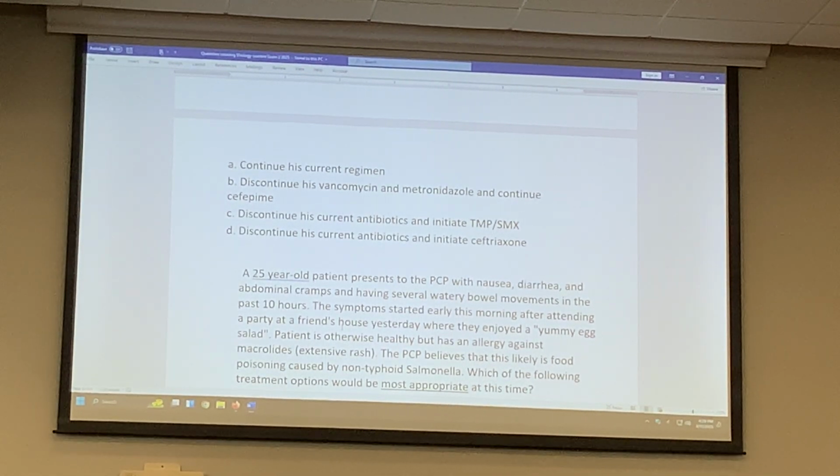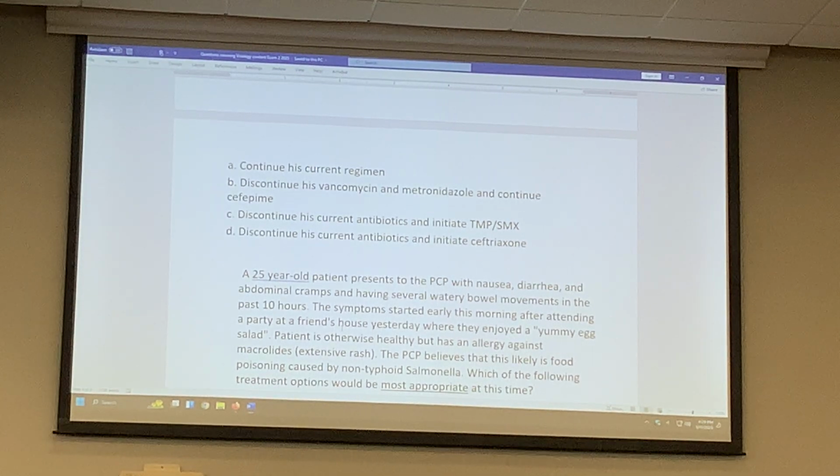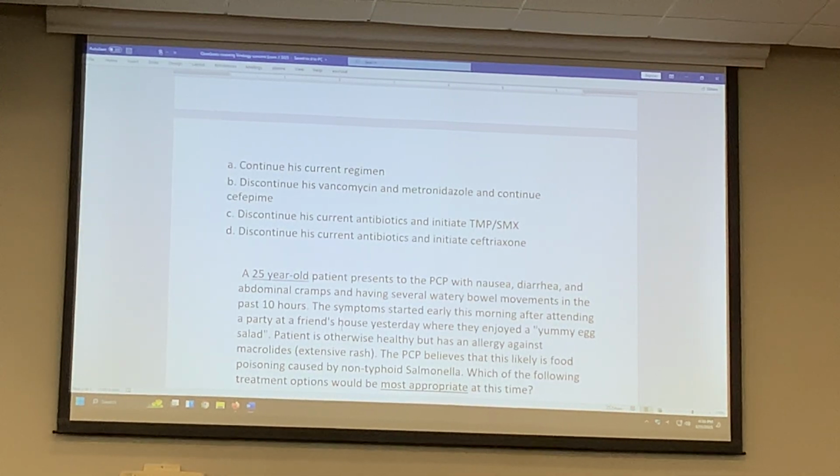But there are two major types of food poisoning. It's watery or bloody diarrhea, right? So invasive, non-invasive. What about treatment in general? Do we always have to treat? No. Okay? So these are three major concepts.